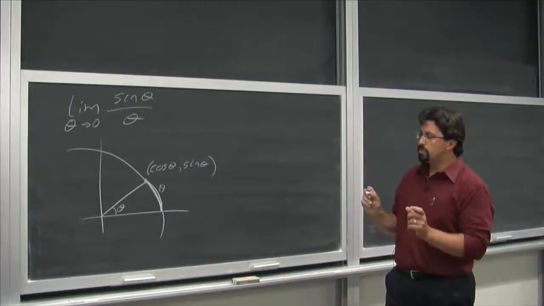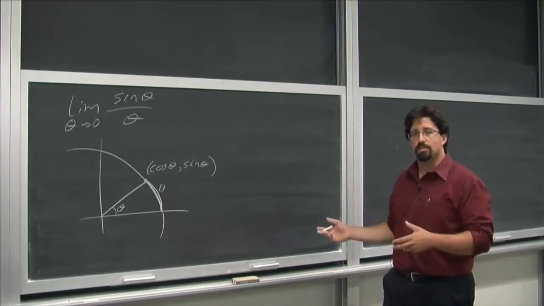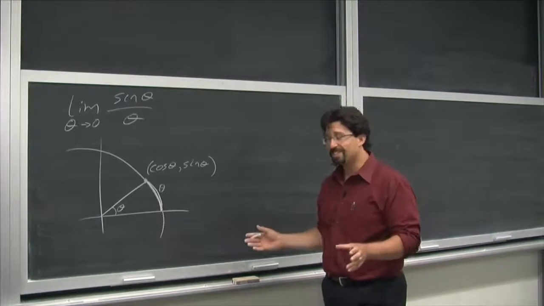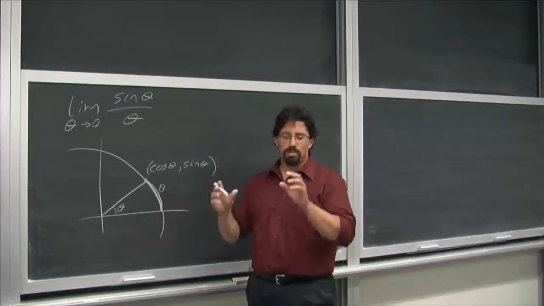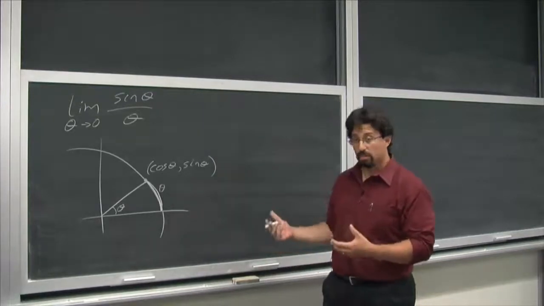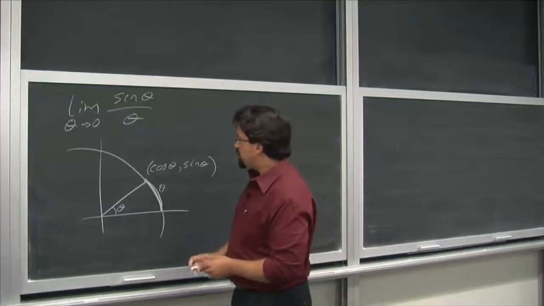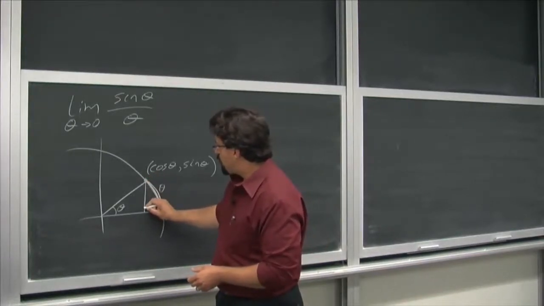What I'm going to do is set up pretty much the only use of the squeeze theorem that we're going to have for the entire year, in which the squeeze theorem isn't done on that one particular type of question that we saw back during those videos. I'm going to play around with a couple of shapes.